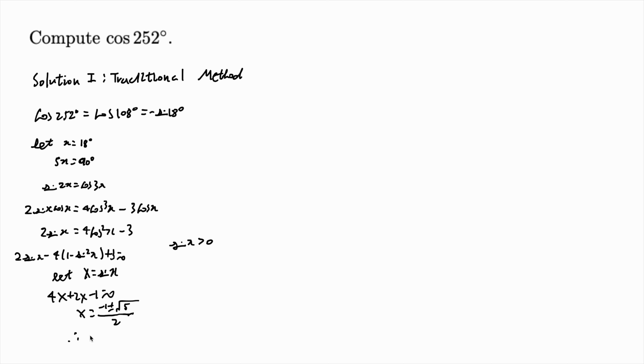Thus, x equals negative 1 plus root 5. Oh, wait, what am I saying? Over 4. Because we found this, that's not the right x. Therefore, this is equal to root 5 minus 1 over 4.